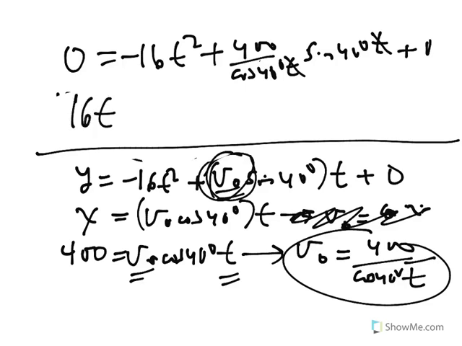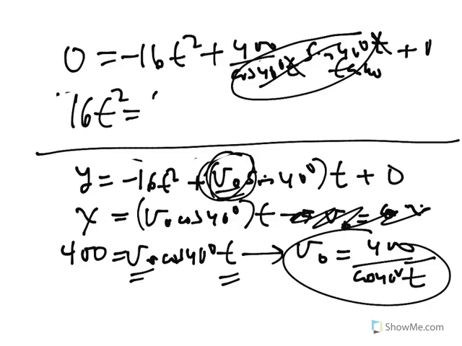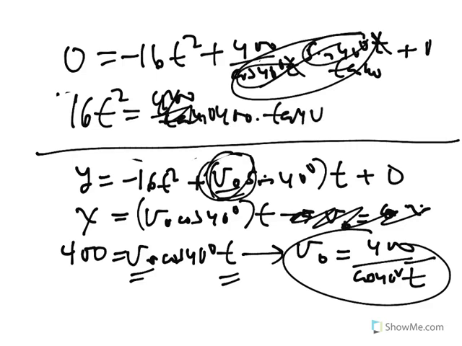I'll move the 16t squared over. I can calculate out sine 40 over cosine 40, or I could just rewrite it as tan 40. Either way, it'll be 400 times tan 40, because it's sine over cosine.